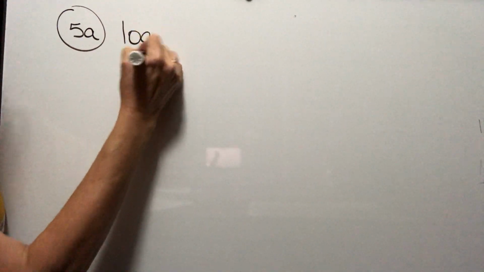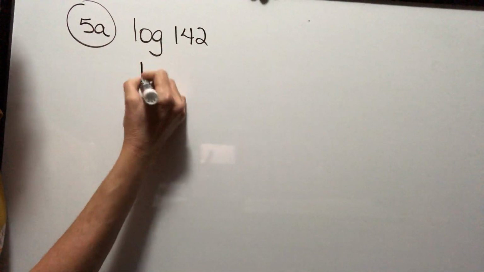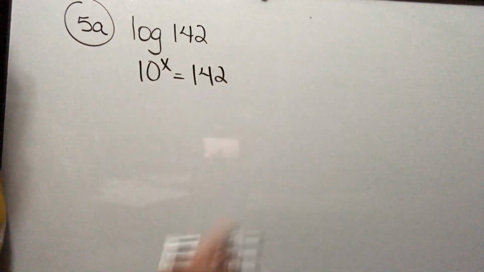There are some times when you will need a calculator, and I'm going to show you those next. For instance, number 5A says find the log of 142. Without a base, that means it's a 10. So you're trying to think 10 raised to what power is 142.